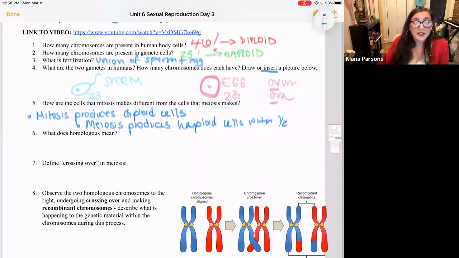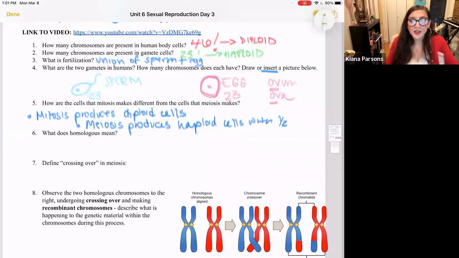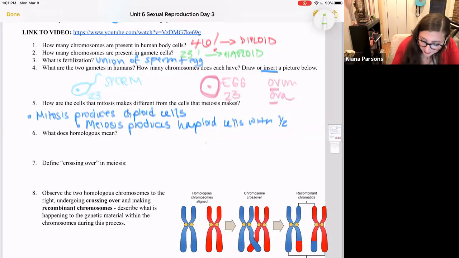So number 6, what does homologous mean? You may remember in the video, they talked about homologous chromosomes, right? So homologous chromosomes are the same size and contain information that codes for the same genes.